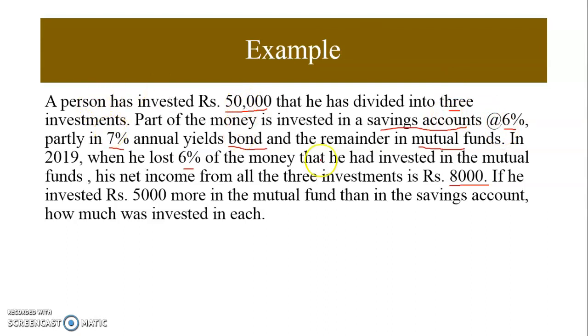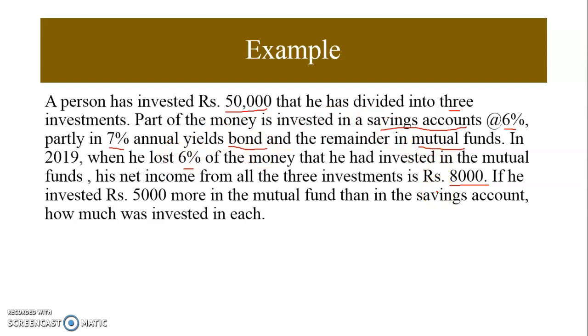But he did not know about the mutual funds because the rates in mutual funds are flexible. But after the end of 2019, he lost 6% of the money. It means minus 6% is the rate of interest of mutual funds, because this is the loss that he has to suffer after investing in mutual funds. So minus 6% is the rate of interest with mutual funds.